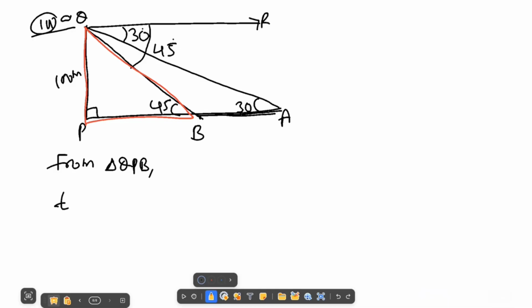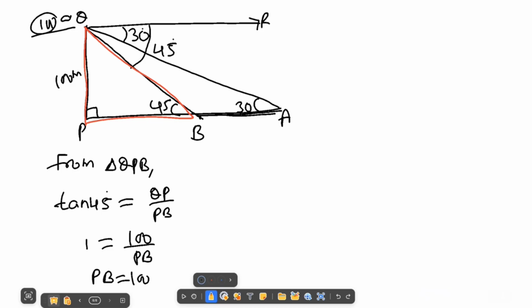Apply tan 45. Tan 45 is equal to the opposite side QP over the adjacent side PB. So tan 45 is 1, the opposite side is 100, PB we don't know. So bring PB to the left side, becomes 1 into PB. So PB is equal to 100 meters.